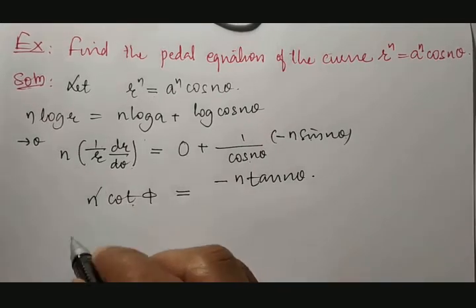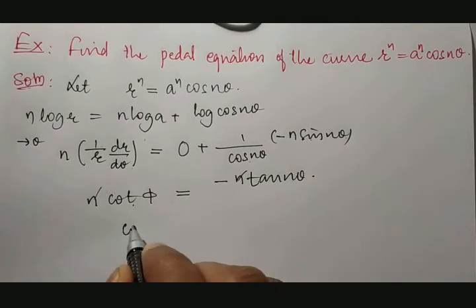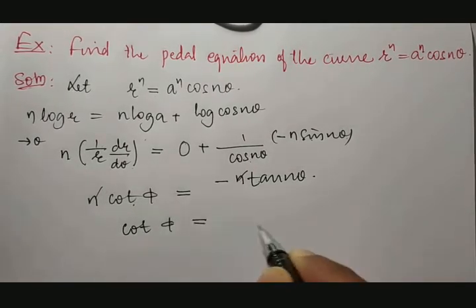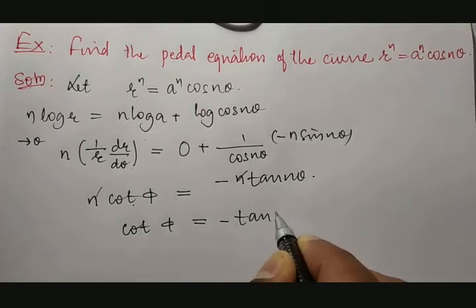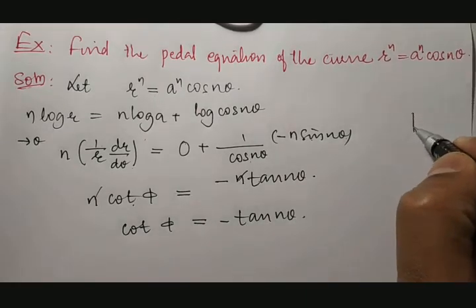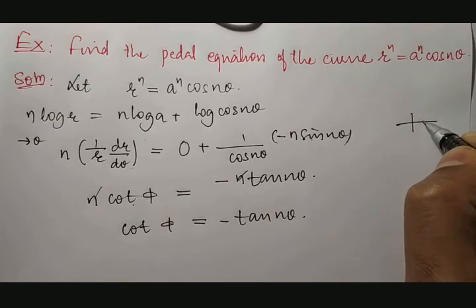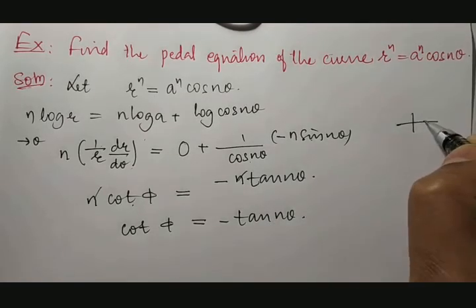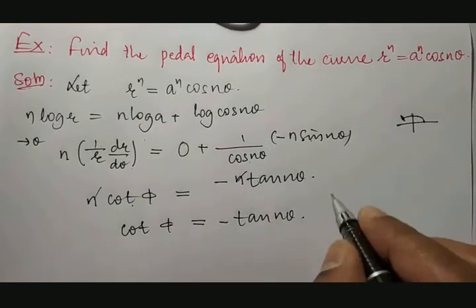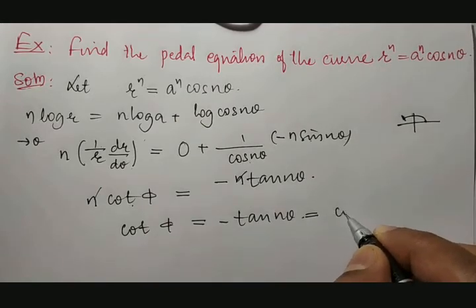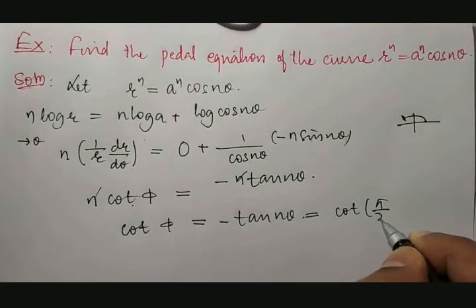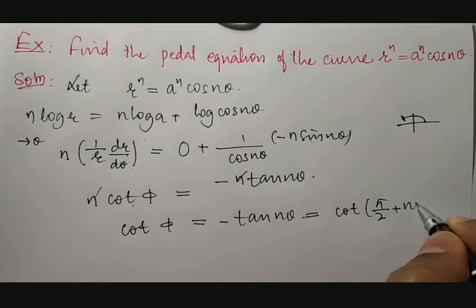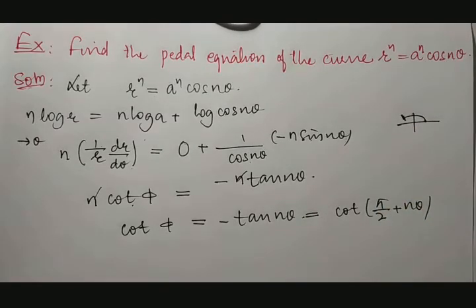Then this n gets cancelled. Therefore, cot ψ = minus tan nθ. As per the ASTC rule, if you want minus tan, push it to the second quadrant. So it becomes cot of 90 degrees plus nθ, because I am pushing it to the second quadrant.